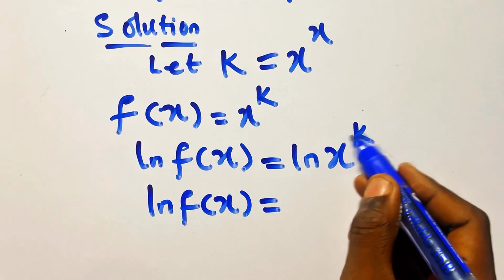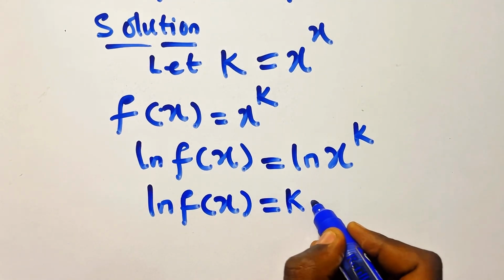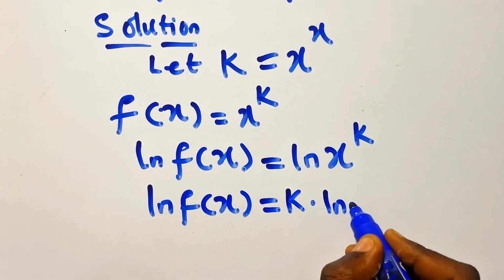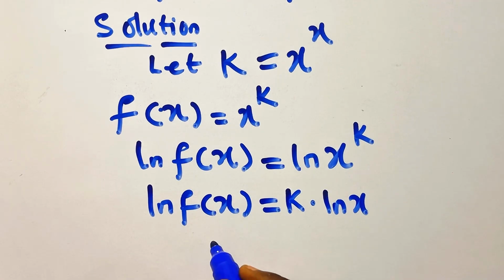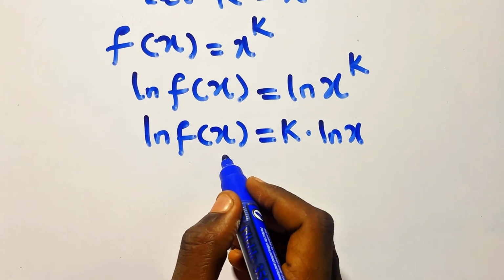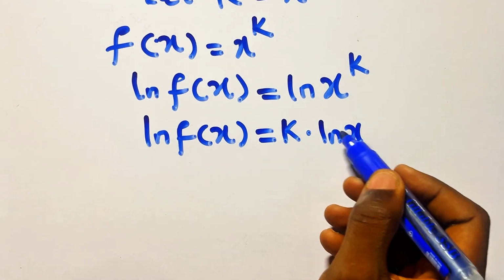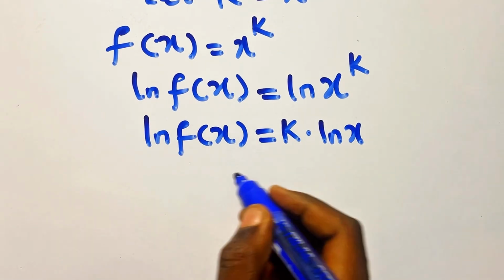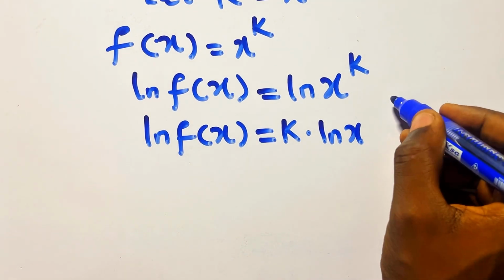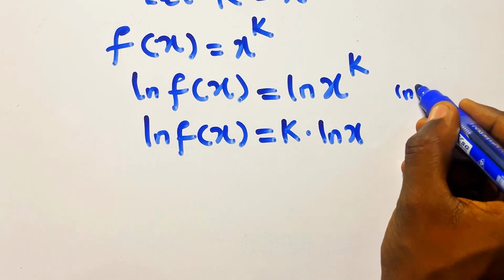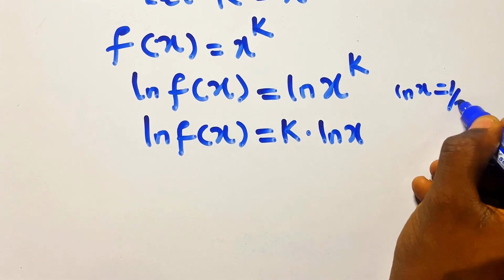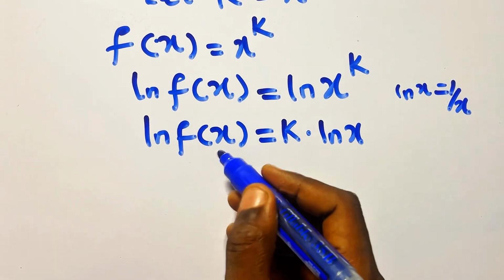From the property of ln, this k will come to the front, so we have ln f of x equals k multiplied by ln x. The next step is to differentiate. We know that if you differentiate ln x, we are going to have 1 divided by x.